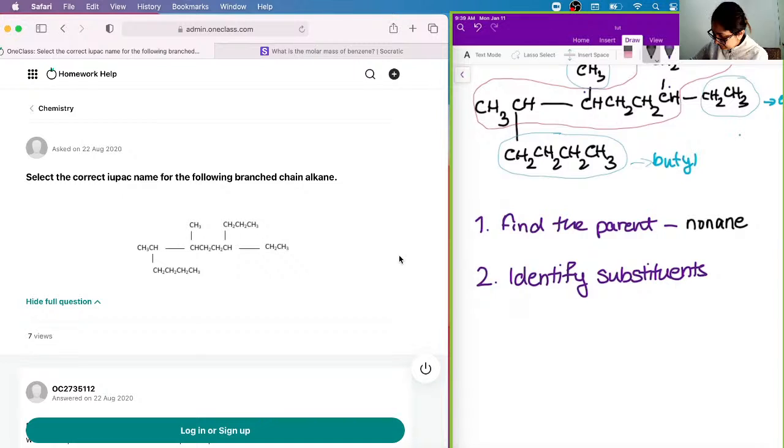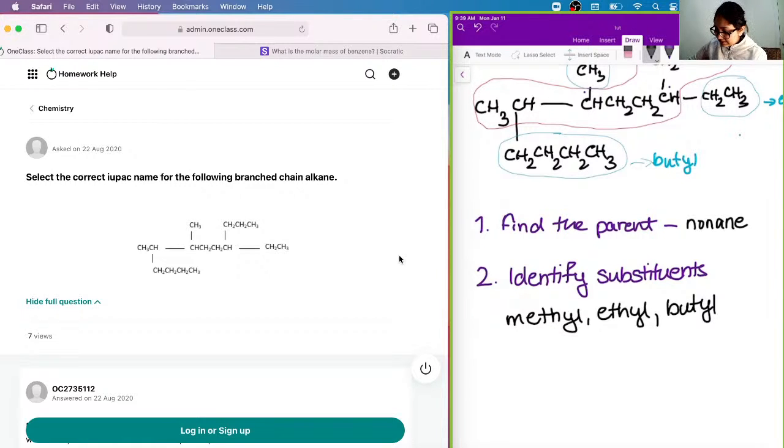In this case, we have methyl, ethyl, and butyl, right?